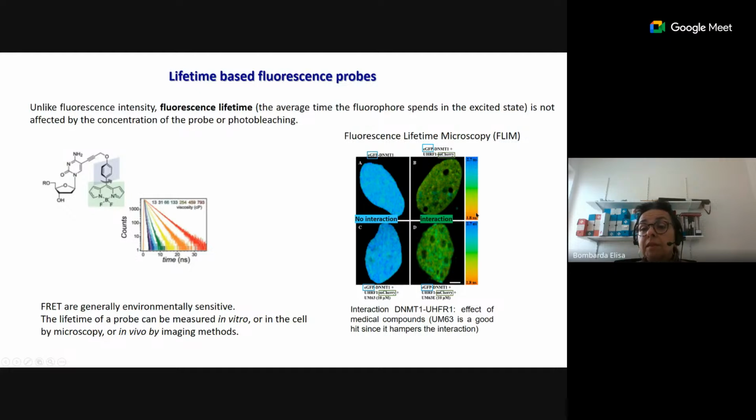So here you have the scale. You see 2.7 nanoseconds is the lifetime expected from EGFP, and it is the blue one, and the green will be something in between these two extremes, and is the lifetime expected for mCherry.